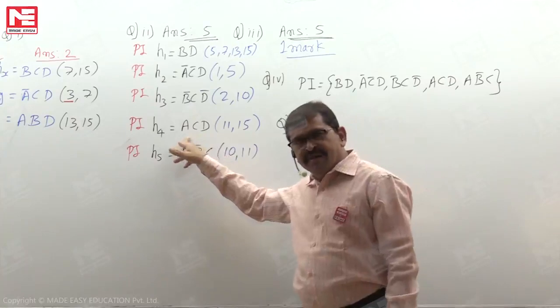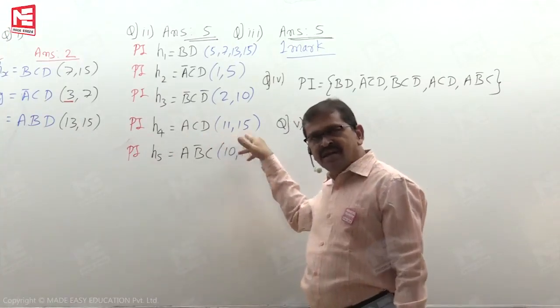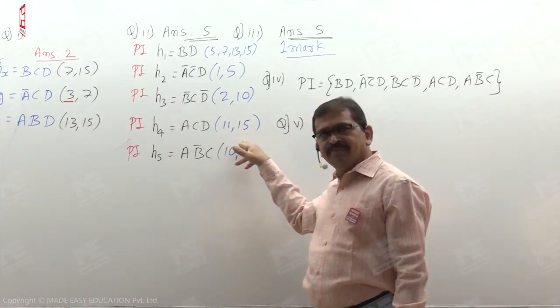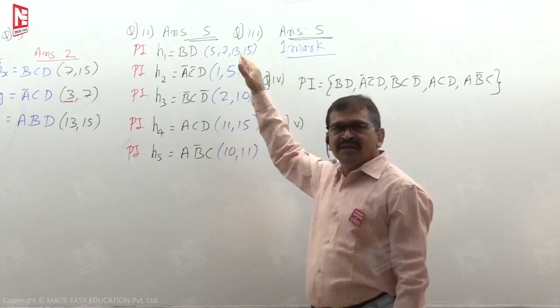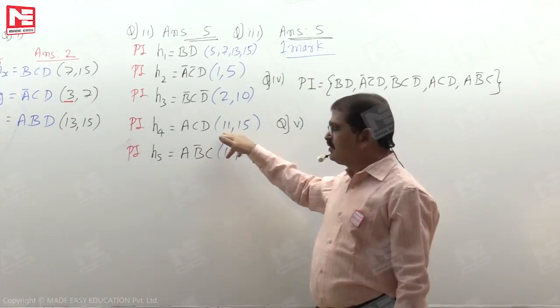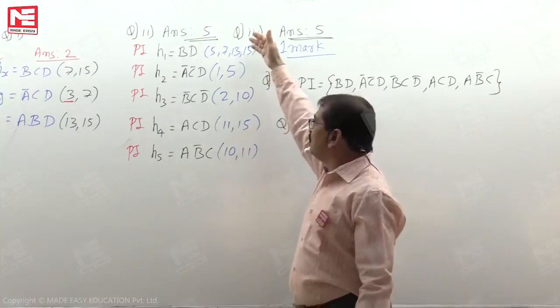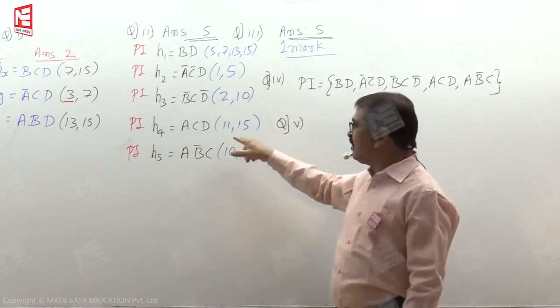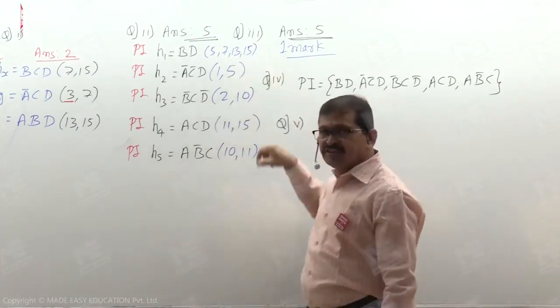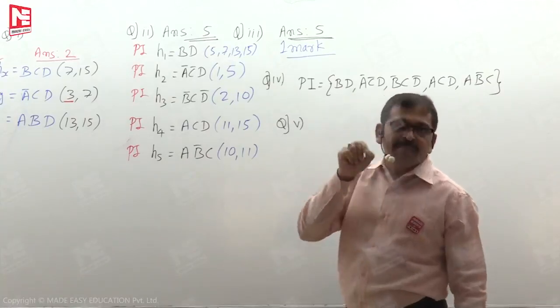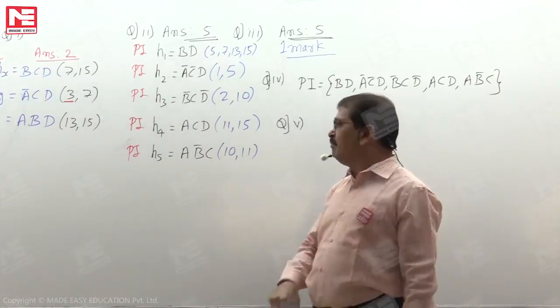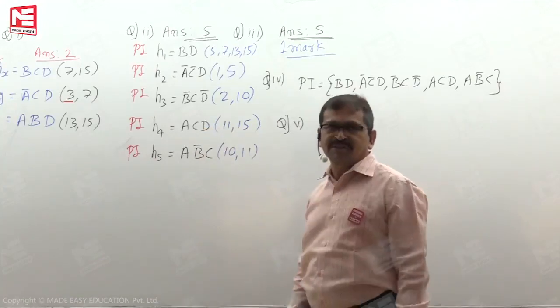If it is to be an EPI, it must cover at least one minterm that is not covered by any other prime implicant. It means we must see that at least one minterm is not present in any other subcube. That minterm will be covered by only this H4. That is what it means.